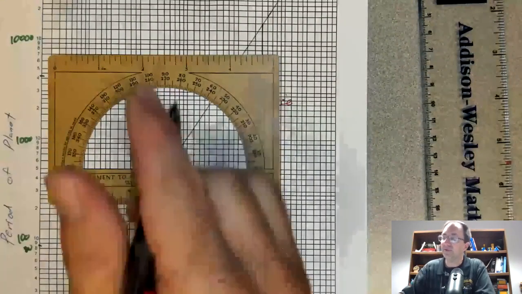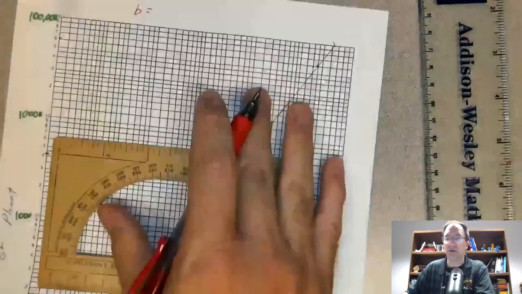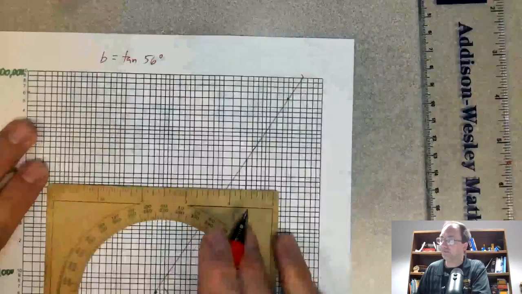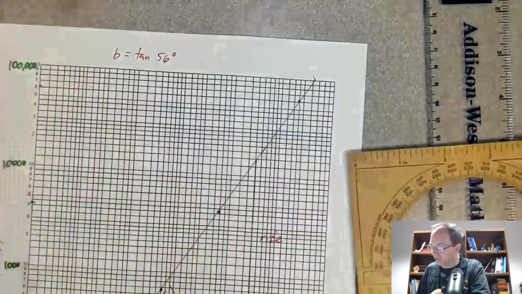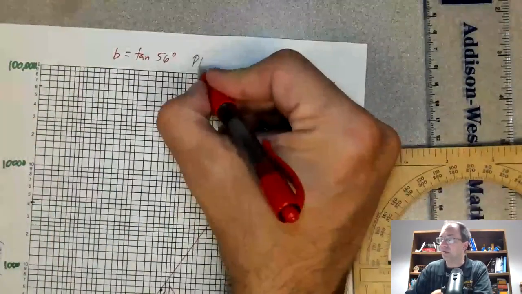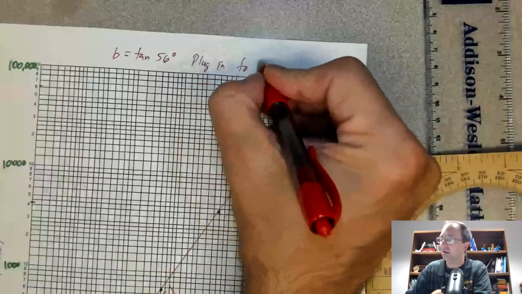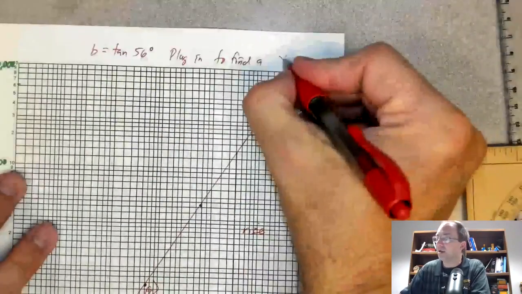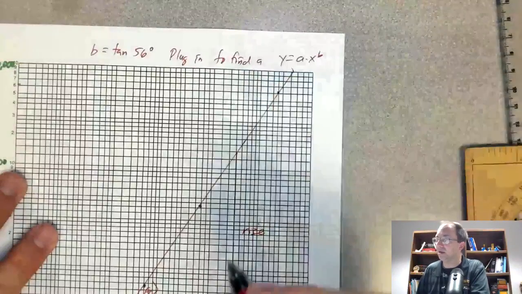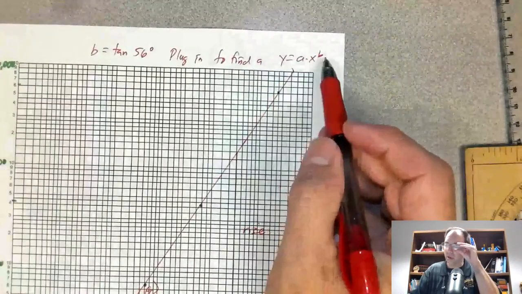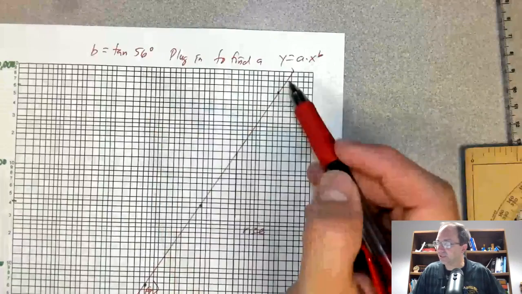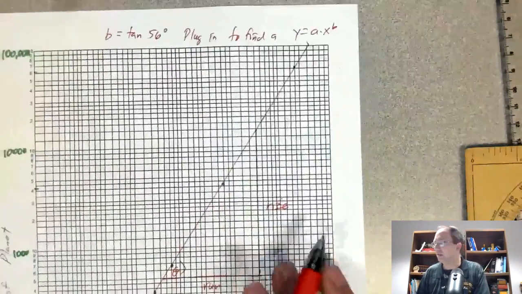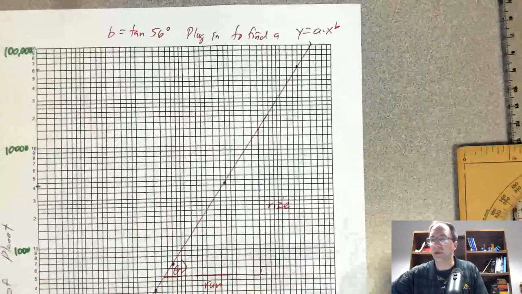All right, so tangent of 56. So B is the tangent of 56 degrees. And then to find the intercept, I'll just plug in to find A. Because we know that y equals A times x to the B. And since I know B is tangent of 56 degrees, and I know x and y, I can use any one of these dots, then I should be able to get an answer.